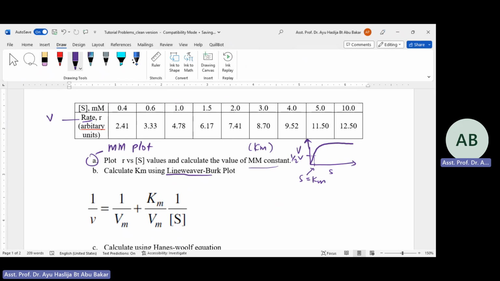You need to plot a linear line, 1 over V versus 1 over S. Try to do these two first.